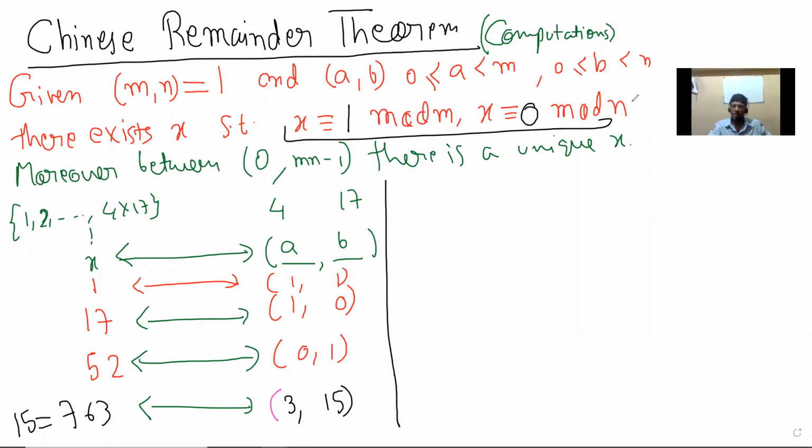So 4 into 17 you can do, so you can get that. But then how will you use that to find a solution for 1, comma 0 or 0, comma 1? That doesn't seem possible.